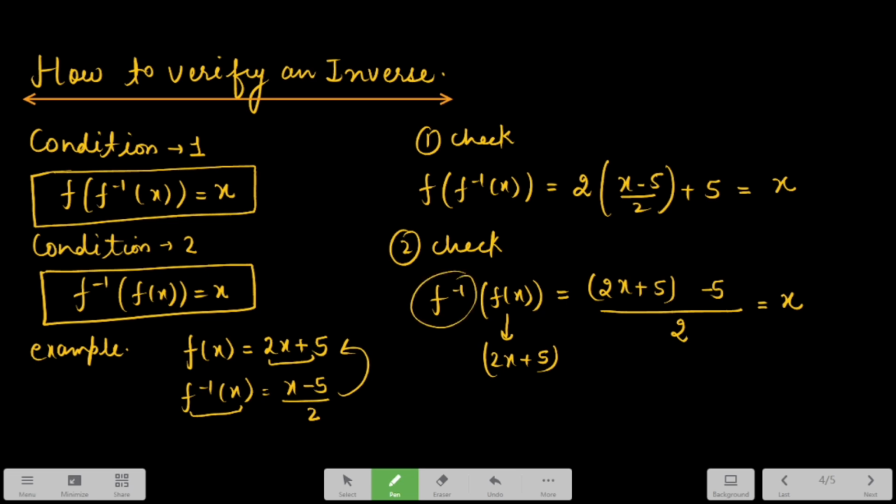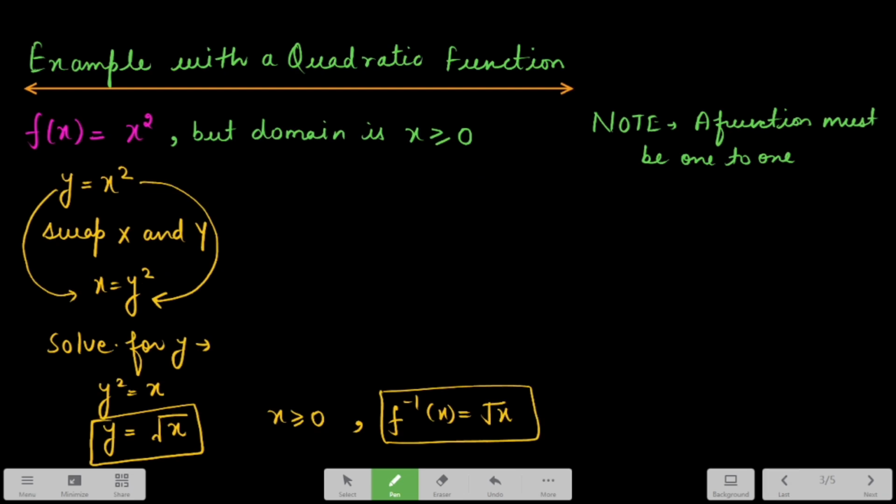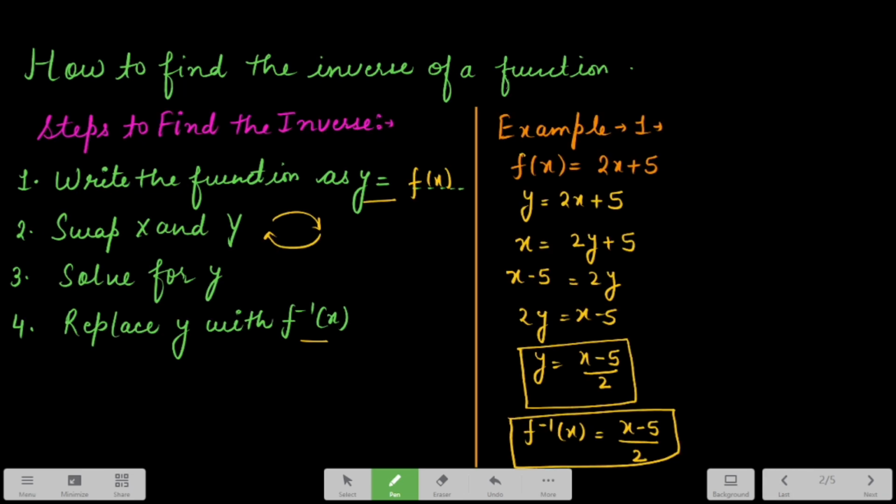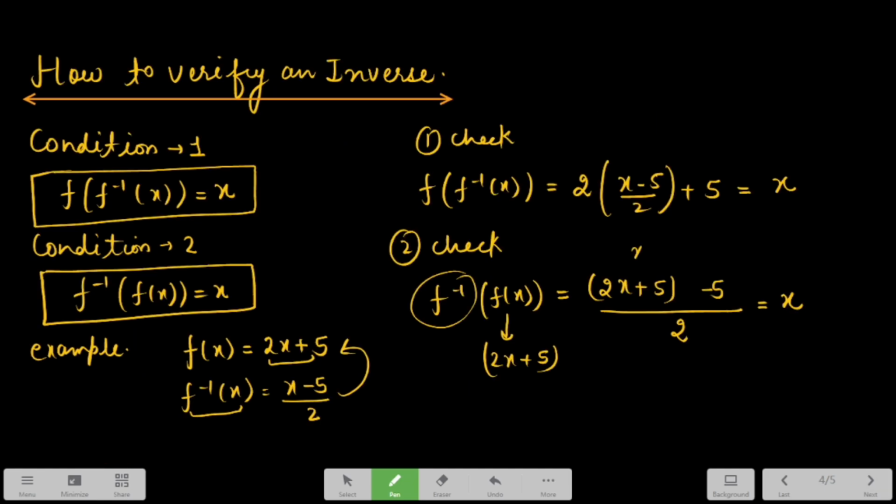And f inverse is what we already found, (x - 5)/2. So in place of x, I am writing 2x + 5. I hope now you can understand all these concepts. And in the first condition, f inverse(x) is (x - 5)/2, and we put this value in the first equation: 2 times (x - 5)/2 plus 5.